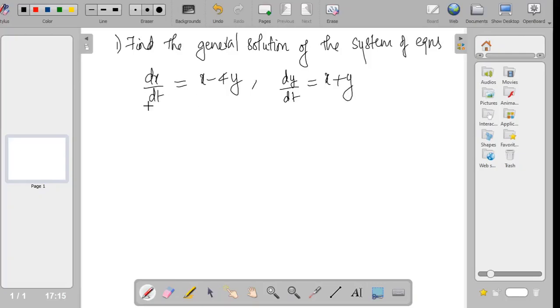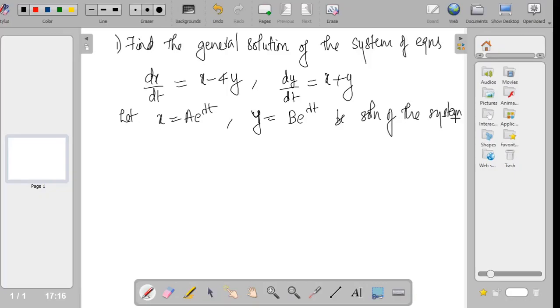Okay. So first of all, let x = a e^(λt) and y = b e^(λt) be a solution of the system. Since it is a solution, it will satisfy the system.